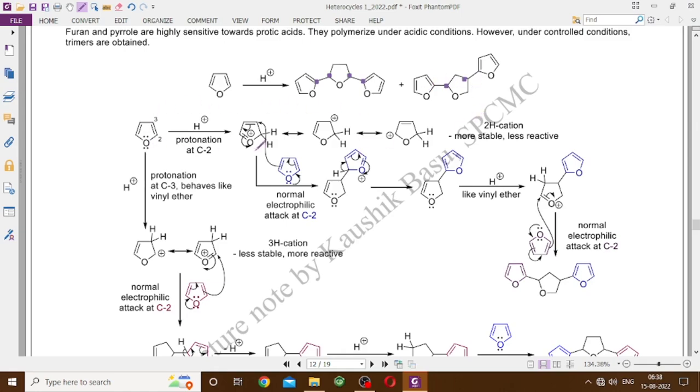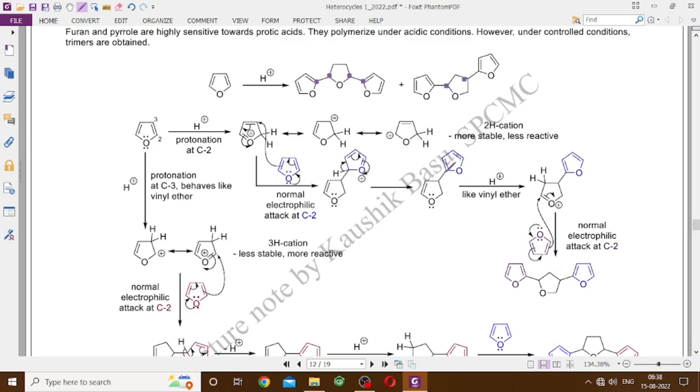This is the corresponding mechanistic interpretation, where you start with protonation at the C2, which undergoes normal electrophilic addition from this blue colored furan molecule at its corresponding alpha position.